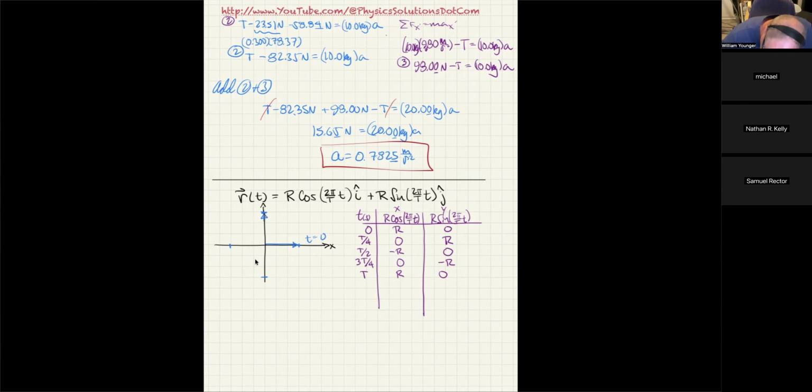This is the r of t equals t over 4. This is the r for t equals t over 2. And this is the r for t equals 3t over 4. And this is also the r for t equals capital T.